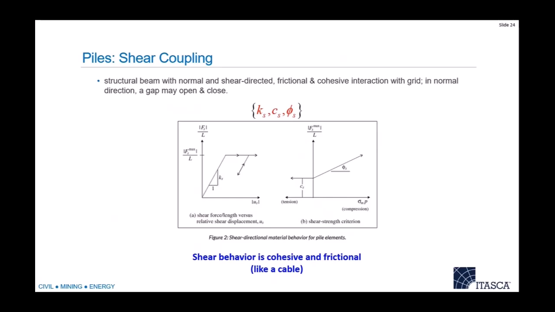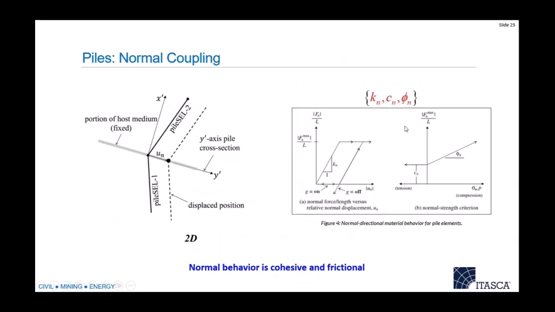The quantities you supply for the shear direction for coupling are stiffness, Ks, shear cohesion, and then friction in the shear direction. Similarly, in the normal direction, the coupling is exactly the same. You can give a normal stiffness, cohesion in the normal direction, and friction in the normal direction.